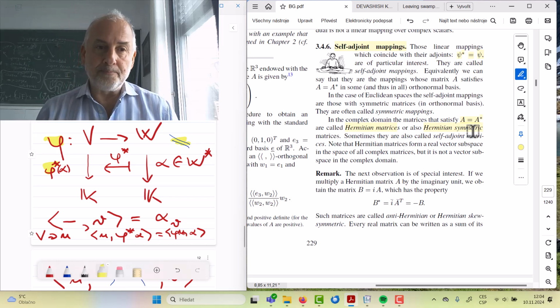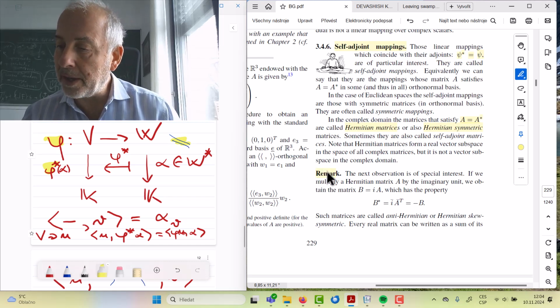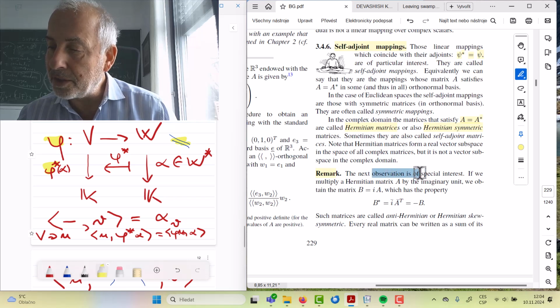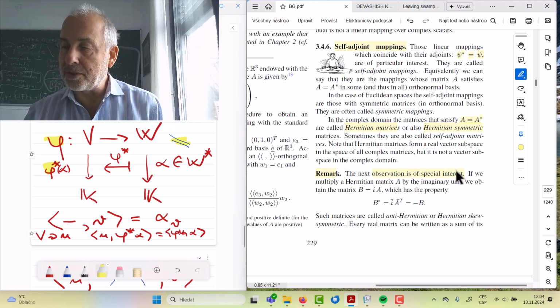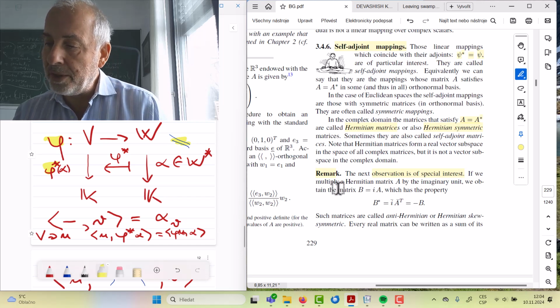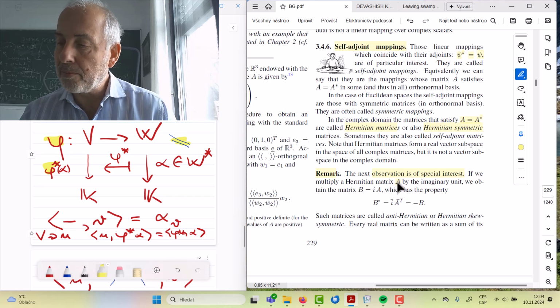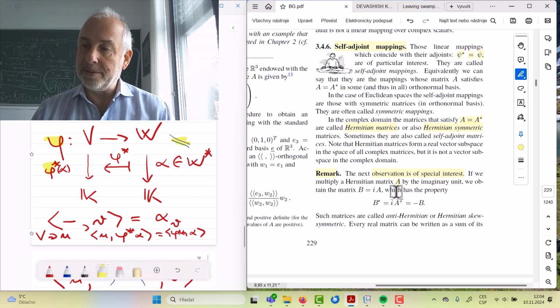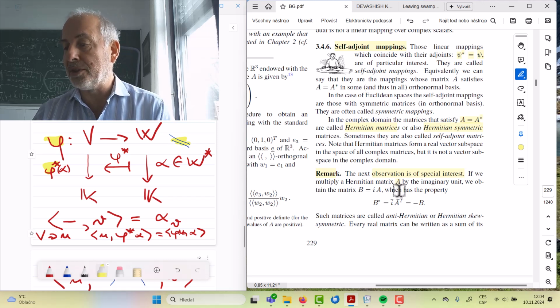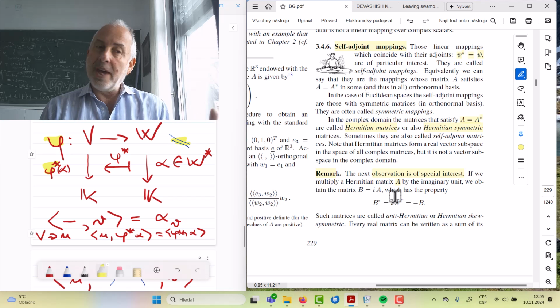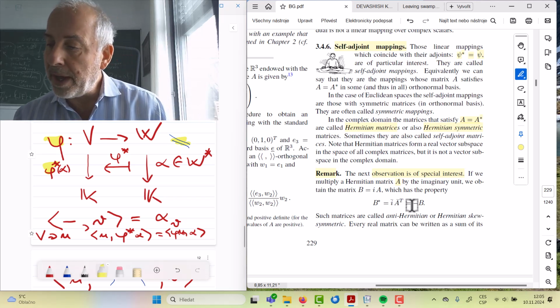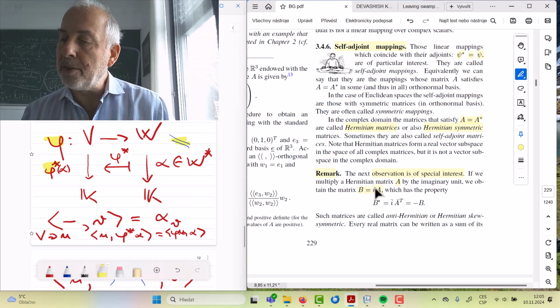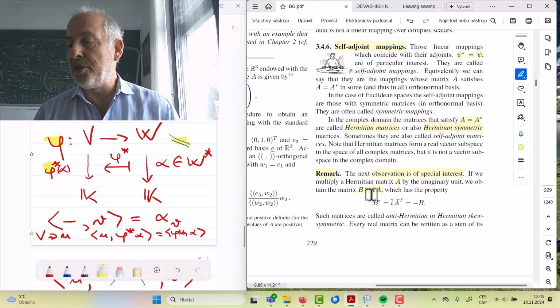Right, now I call it a remark and an observation, but it's of absolutely crucial interest, right? Because imagine that we have got a Hermitian matrix A. So it's a self-adjoint mapping, which is represented by a Hermitian matrix in any orthonormal frame. And look what happens if we multiply the matrix with the imaginary unit.